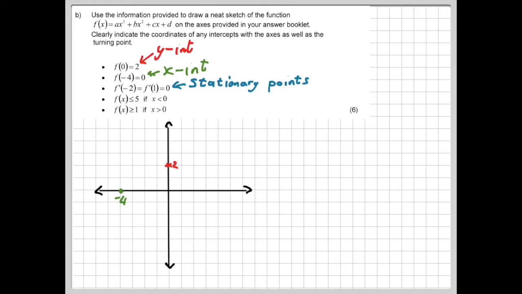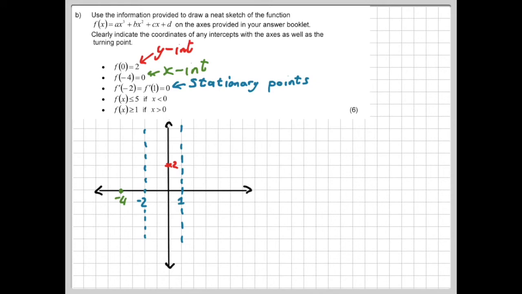Now, the stationary points, I don't know exactly the y values yet. So I'm going to say, well, at negative 2 and at 1, somewhere on those x values, I know that the graph is either going to turn or be stationary.